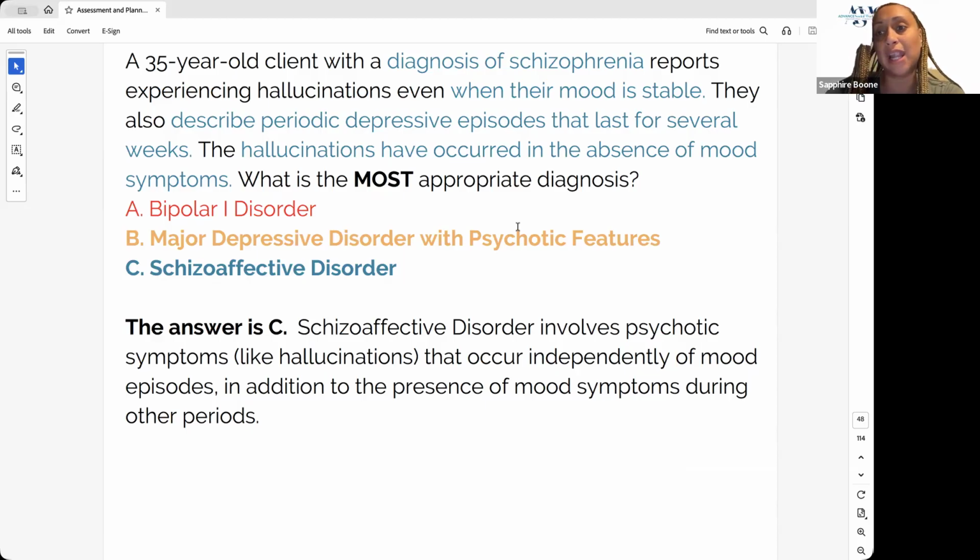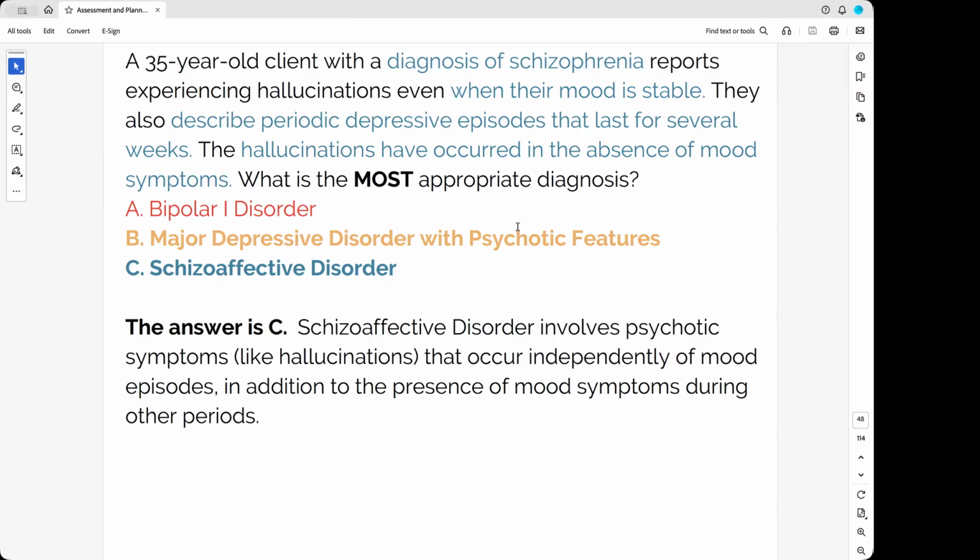Major depressive is like a lot of depression with a little hallucination. It's like a little sprinkle. But the main thing is going to be the schizophrenia. The main thing is going to be the major depressive with B. And then you're going to see some of those other symptoms fluctuate or come in and out.